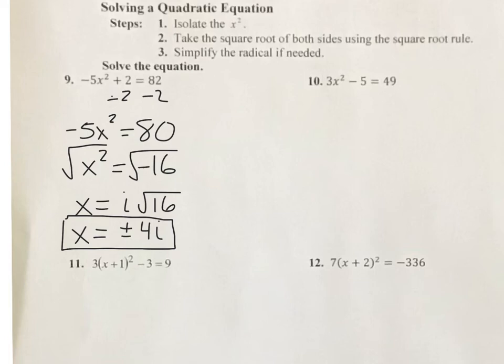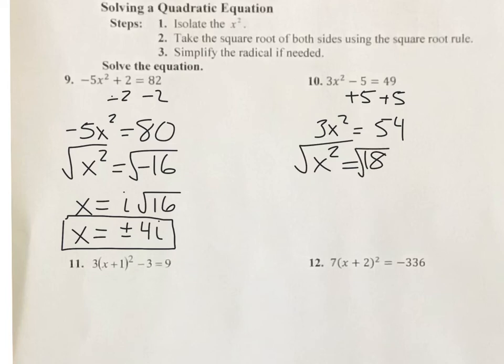Now let's go ahead and do number 10. We're going to add 5. And so this right here is going to give me 54. So I have 54. Divide by 3 on both sides. That gives me 18. And conveniently here, we do not end up with a negative.